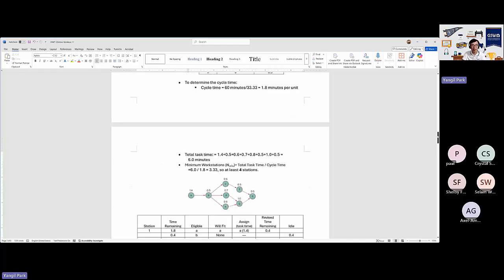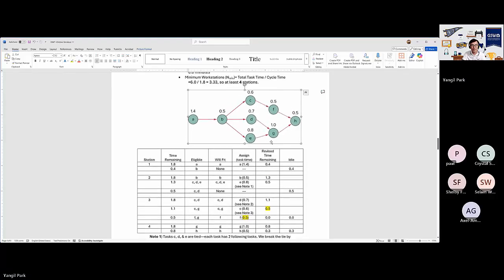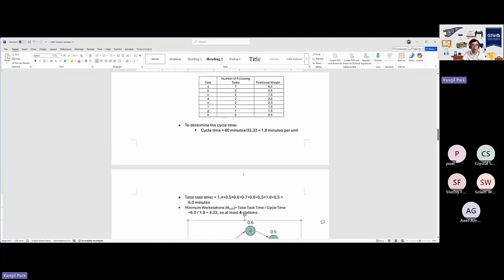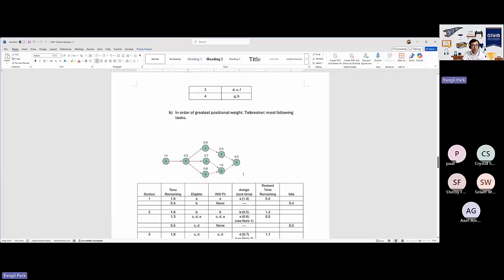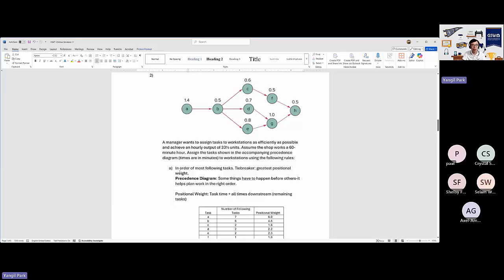Okay. So here we go again. I think I should make it bigger. So that's our diagram. And the first, let me see, where's the question? Oh, there you go.